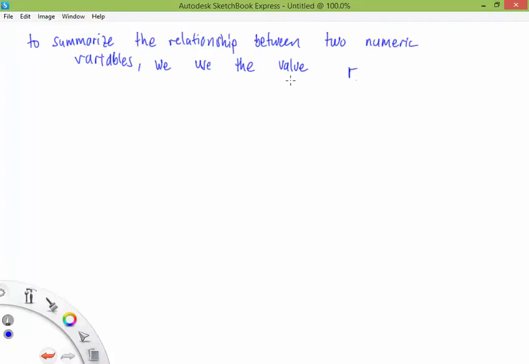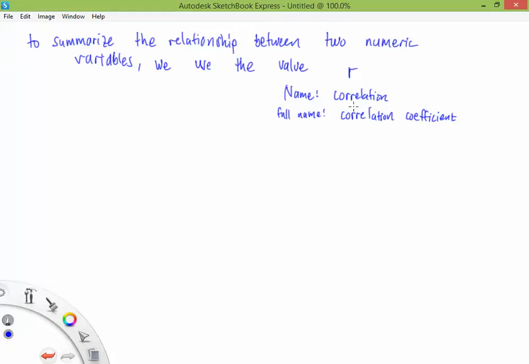This stands for correlation, and the full name is correlation coefficient. But we don't generally use the full name, okay?